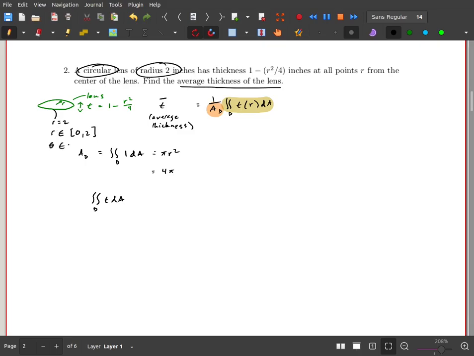So theta will be from 0 to 2 pi, and that will draw out that circle. Remember, we don't care about the thickness in this case because we know it's a circular lens, and thickness is just a function value. So that's our function value.